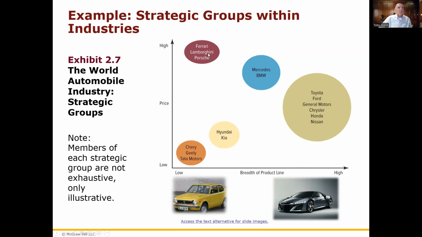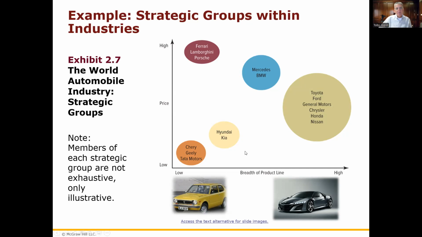A strategic group that has a high price but a limited number of products: Ferrari, Lamborghini, Porsche. Companies that have a limited product line and a cheap price: Geely, Tata, Chery. Companies that have a moderate breadth of product line and a higher price: Mercedes, BMW, Audi would probably fall into that strategic group. But anyway, you can use these strategic groups to make decisions.